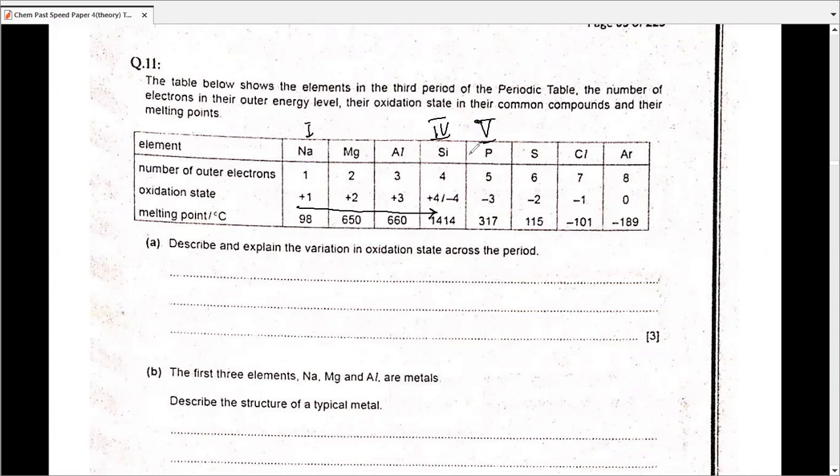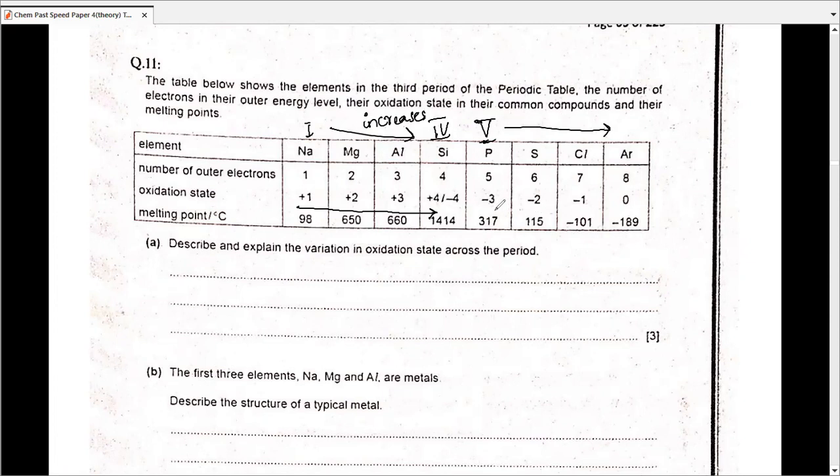It decreases with a dip. And then what happens after group 5? From here to here, what happens then? So it increases and then it decreases.